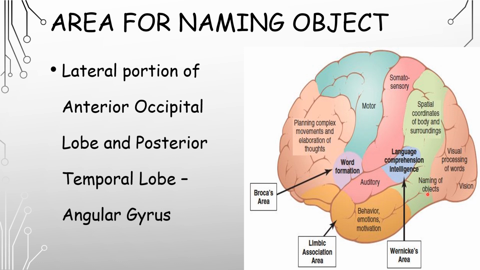Angular gyrus also is very important for remembering the naming of the objects. So if there is a lesion over the angular gyrus, then they will forget the name of the object, which is called anomic aphasia.